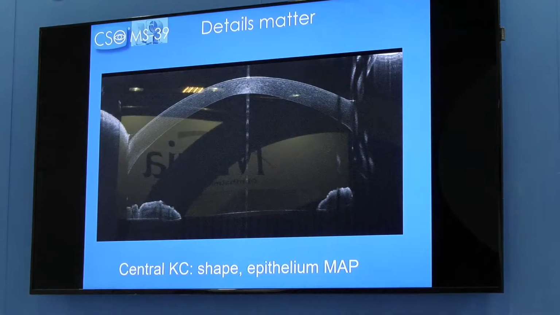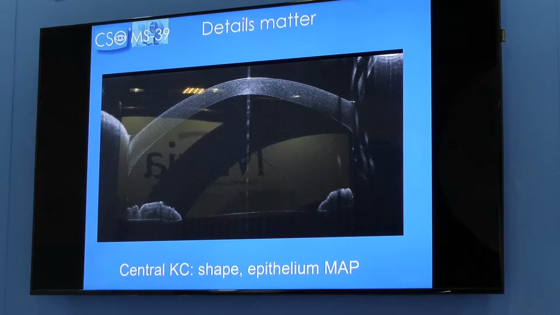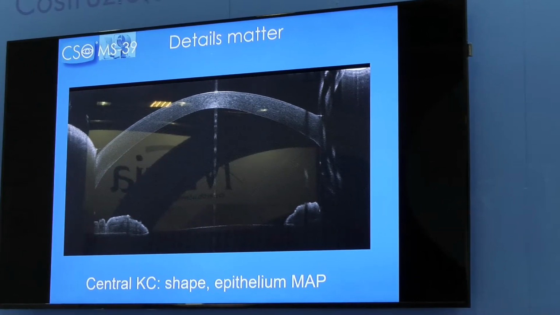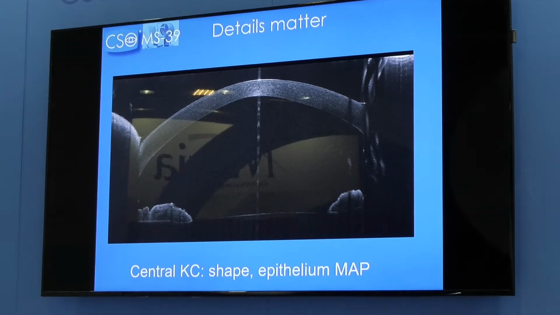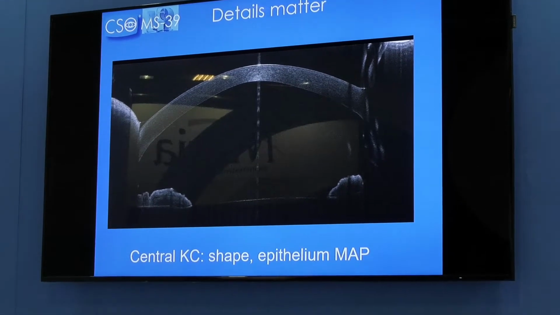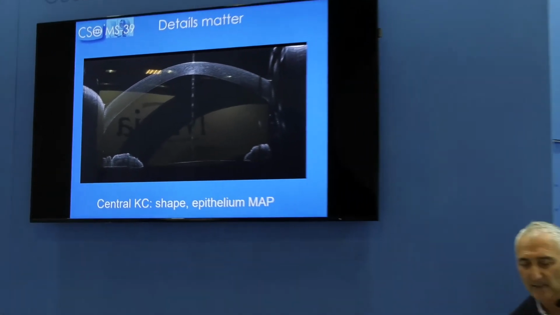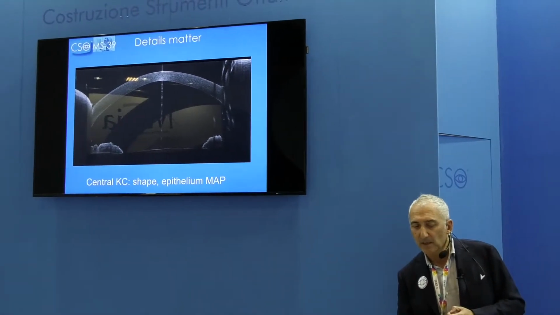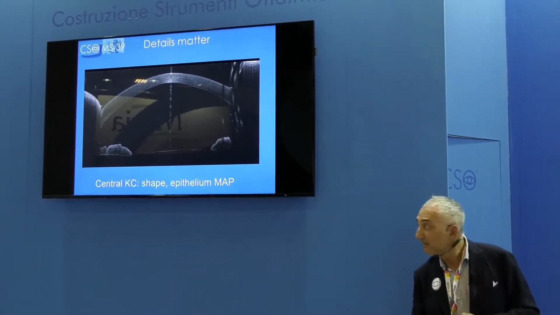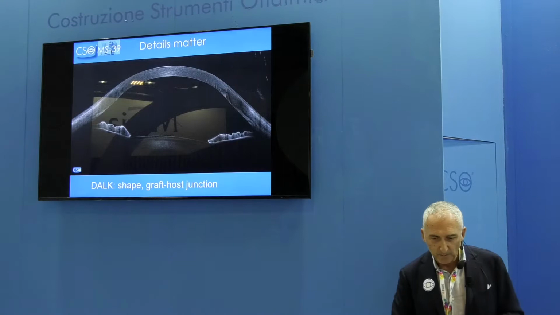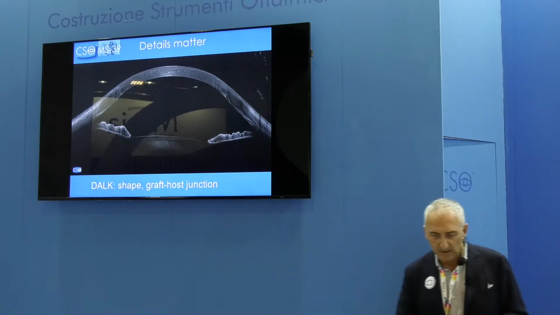And this is the corresponding image of the same patient, the same eye, and you can appreciate, I hope, with the resolution, how the epithelium, even the Bowman layer, can be pretty well appreciated, and how in this area the thickness of the epithelium is definitely smaller than in this area. I hope you can see. Yeah, I believe so. The image is pretty similar to what I see on this PC.